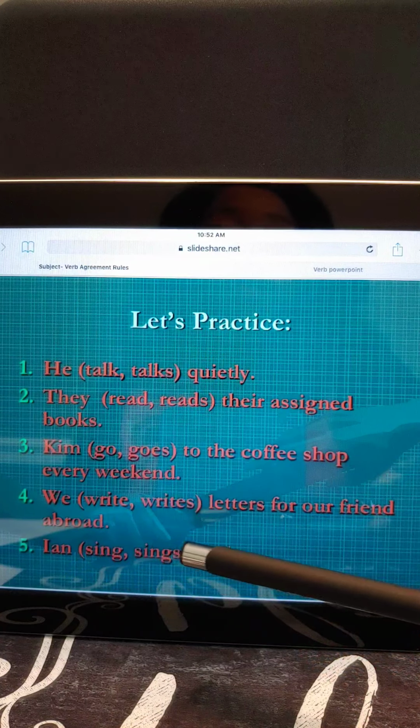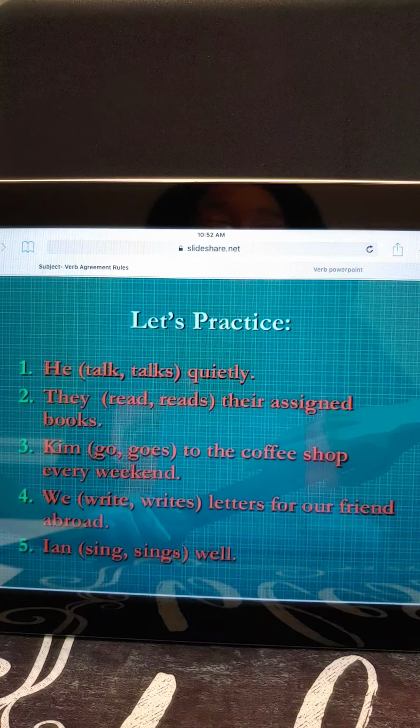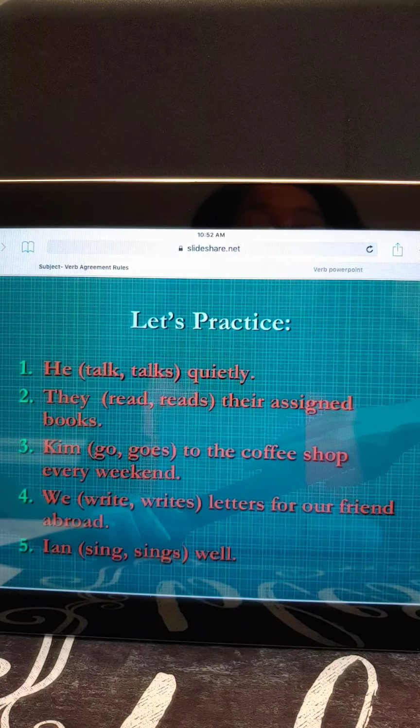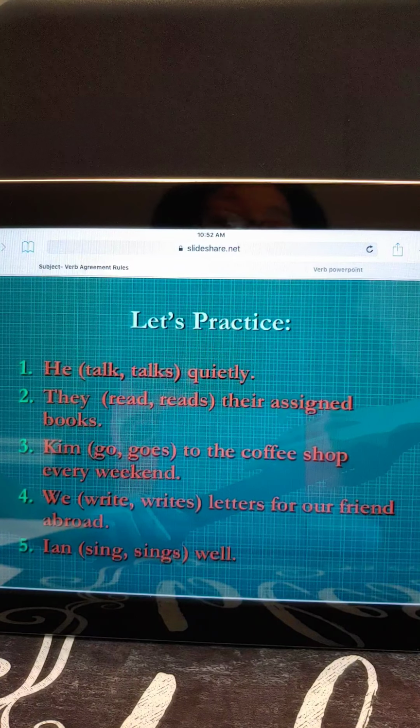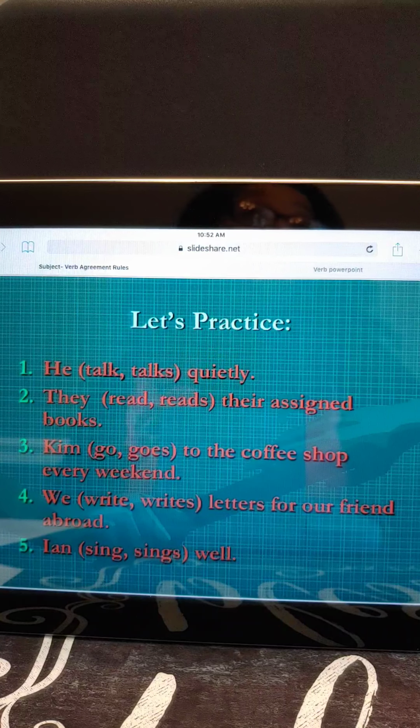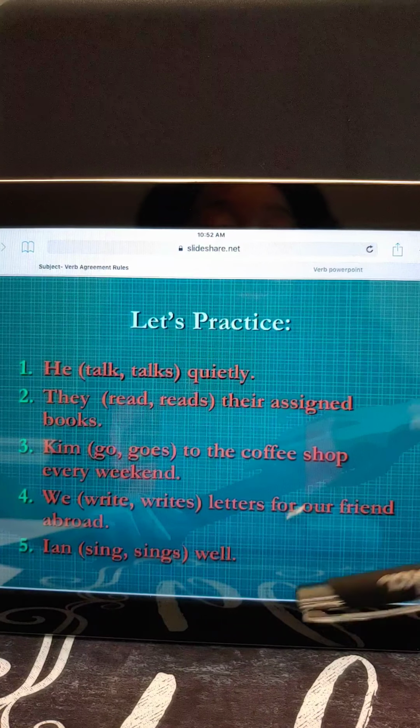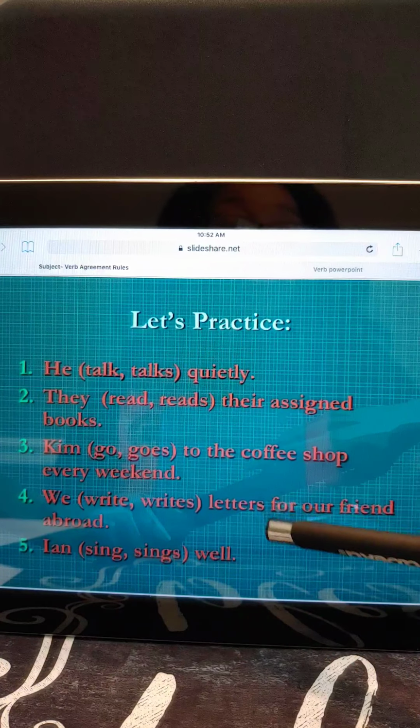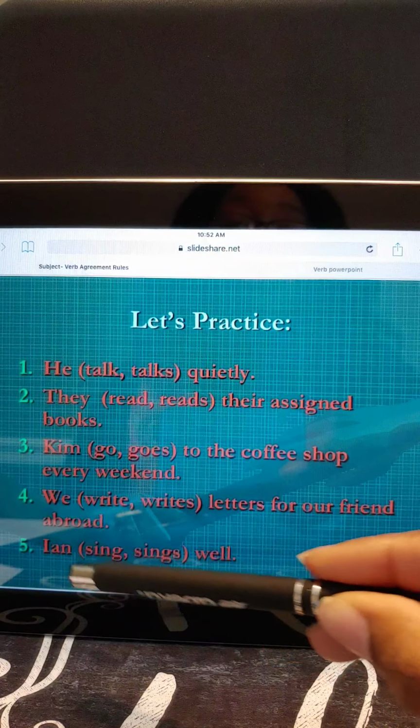We write letters for our friends abroad. We is plural because it's talking about more than one person. So that means our verb will be singular. We write letters for our friends abroad.